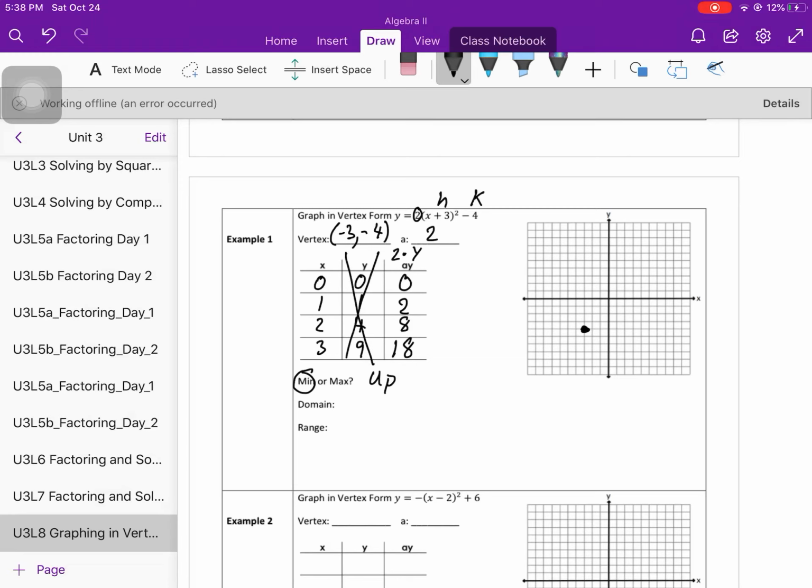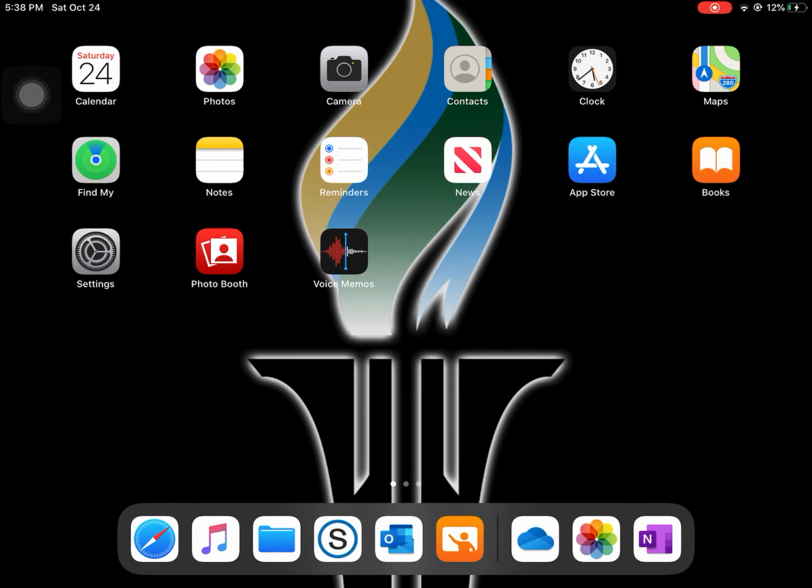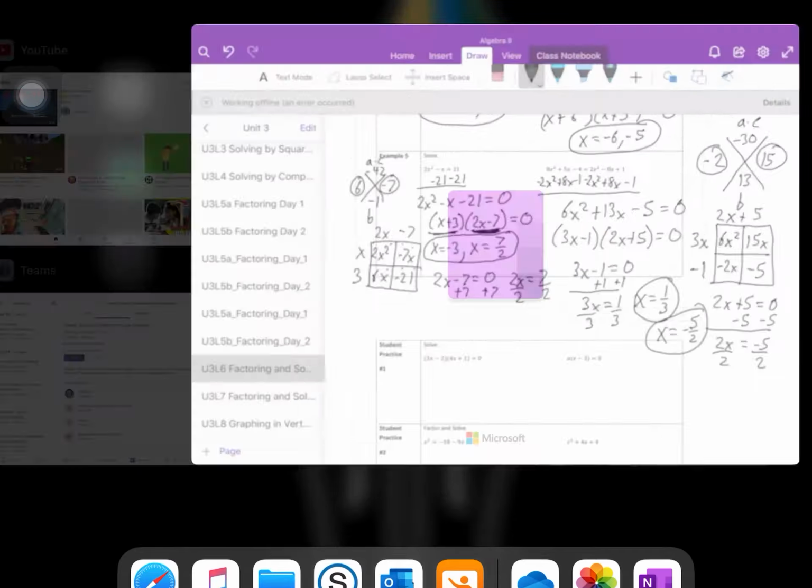Now that we have those numbers, that gives us our counting pattern, so we no longer need the third column. So (0, 0) just means this is our first point. That goes for the vertex. (1, 2) means we go over 1, up 2, but then we also have the mirror image, which would be back 1, up 2.